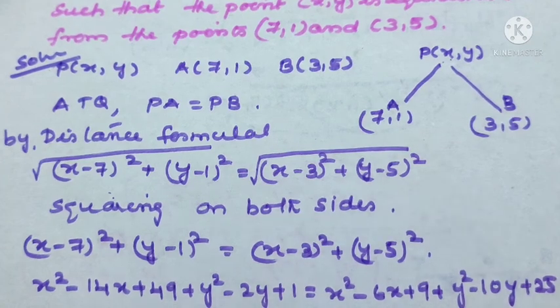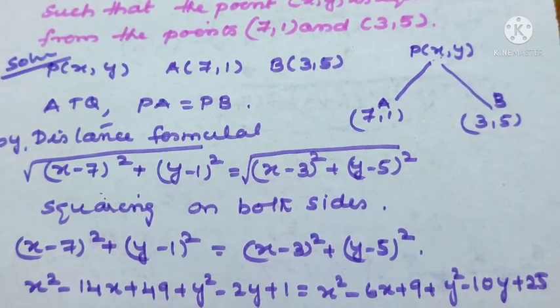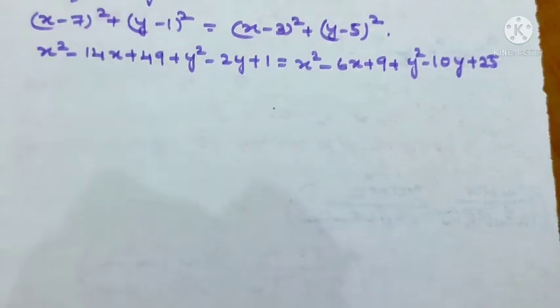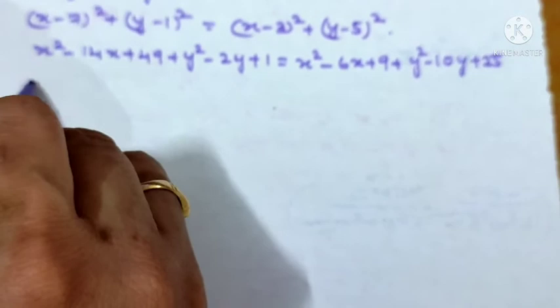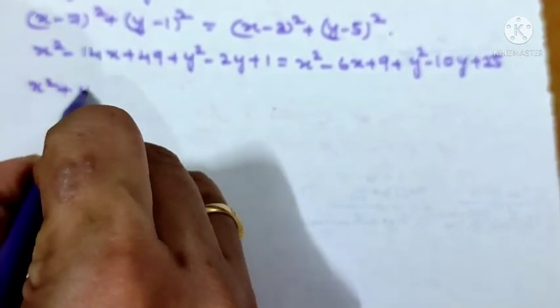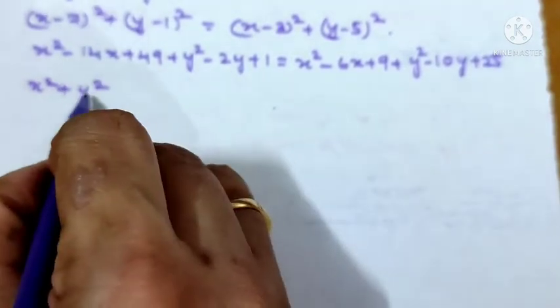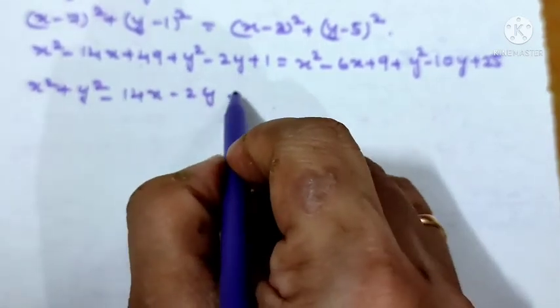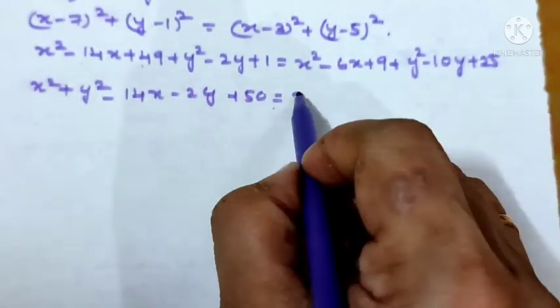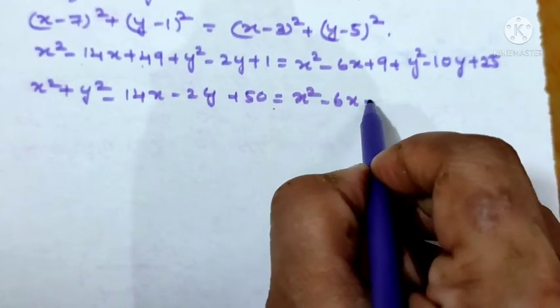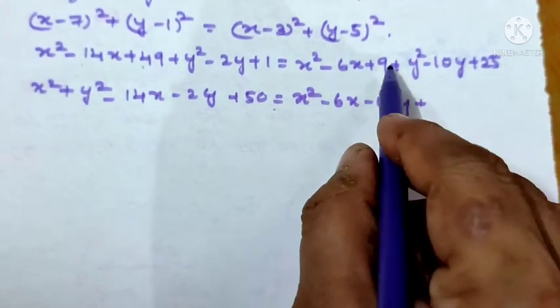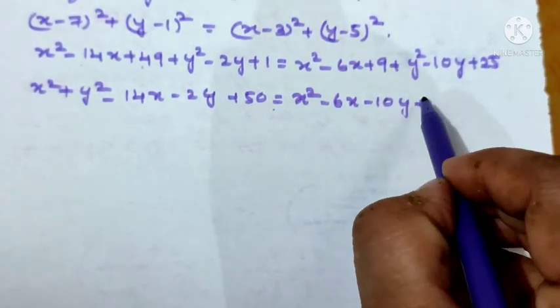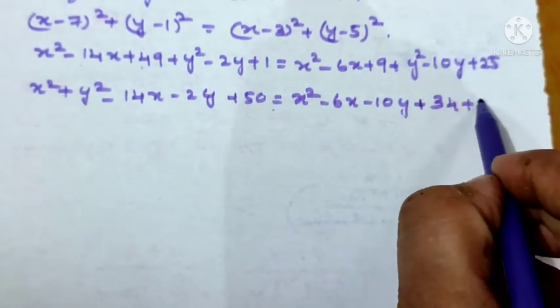Middle term, you know that it is 2ab only, so just we have expanded. So x square plus y square minus 14x minus 2y, 49 plus 1 it is 50. Here x square minus 6x minus 10y plus 25 plus 9 it is 34, then plus y square.